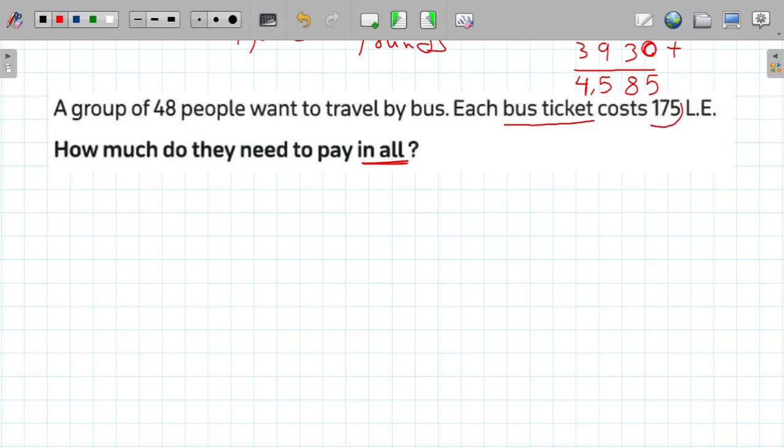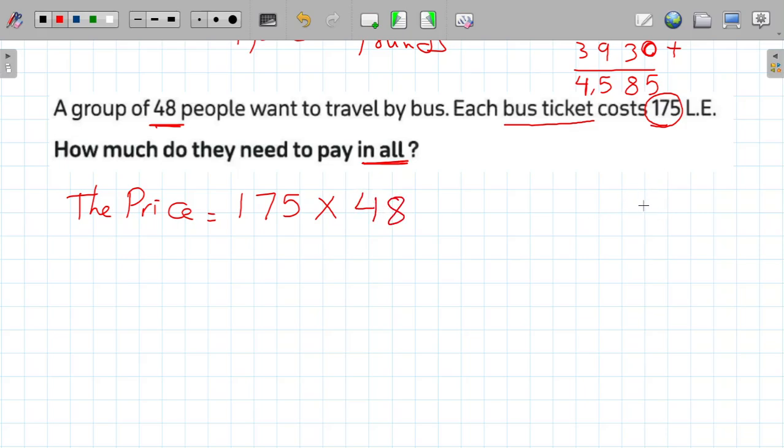So I will repeat 175 48 times. So I will multiply the price of one ticket by the number of people. So the total will be 175 by the number of people 48.